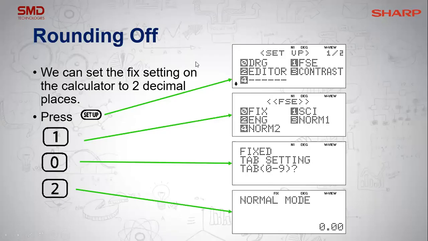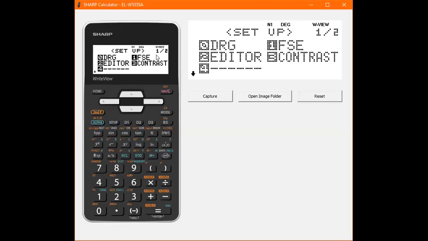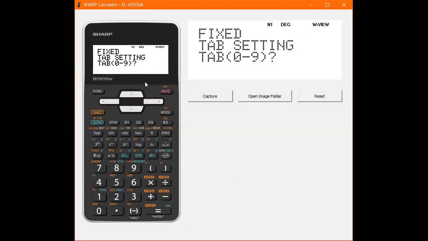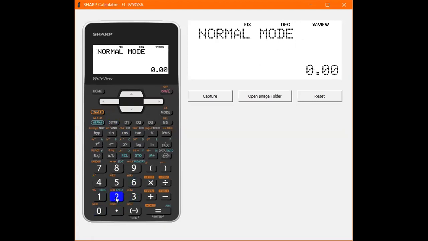All right, now you can also set up the calculator to help you round off to as many decimal places as we want. Normally we work with 2 decimal places. So to do that, again, we're going to choose Setup. And this time we're going to press 1 for fixed, scientific and engineering notation. And we're going to fix, so 0, our number of decimal places to 2.